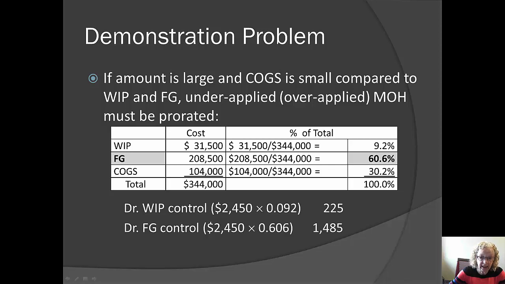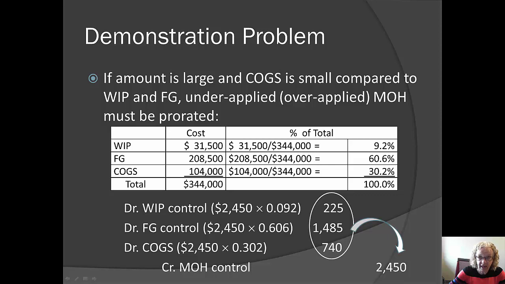So that account gets $1,485 of the missing overhead. Cost of goods sold gets 30.2% of the underapplied overhead, or $740. So these three accounts increase, and manufacturing overhead control decreases by that total, bringing its balance to zero.